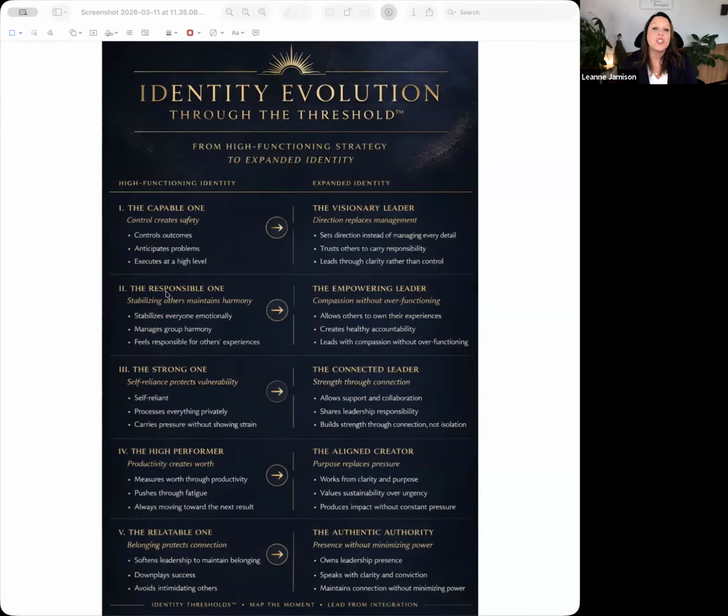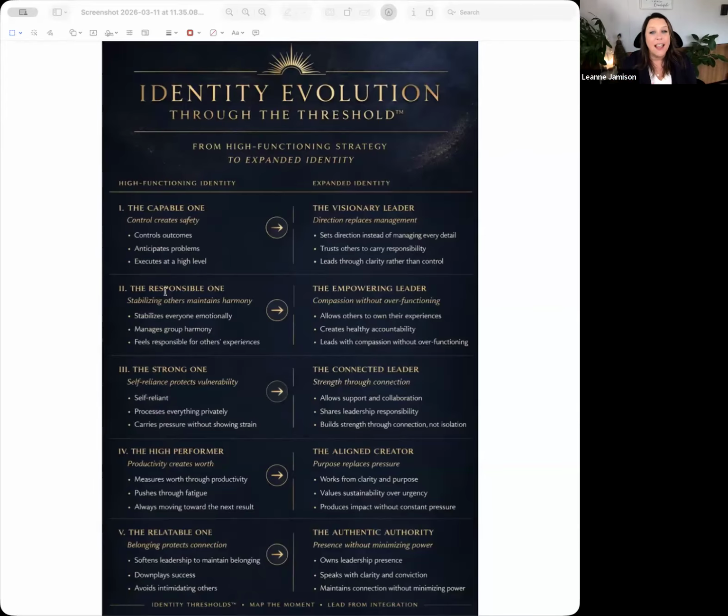So, what gets to change when we move, right? When we move into the empowered leader? She allows others to own their own emotional experiences, including the difficult ones, the ones that we really grow from, right? She gets to hold her compassion. Her compassion becomes actually a standard that holds people capable, but not a buffer that protects them from growth.